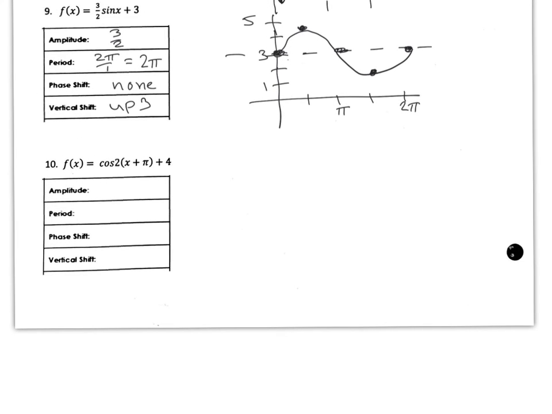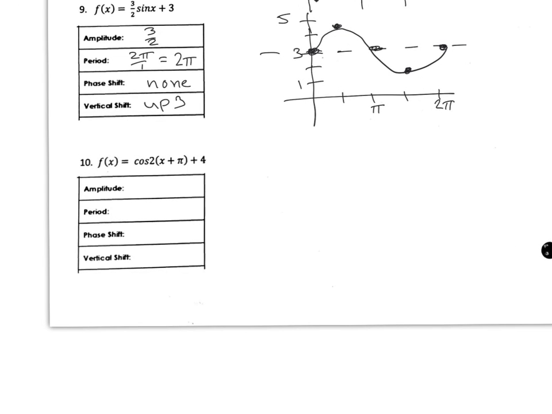All right, last one. Cosine. Amplitude, well, there's a 1 there, right? This is a 1. Period is 2 pi over b, so that's just pi. We're moving this thing left pi, and we're going up 4. Since I'm moving this thing to the left, I'm going to give myself a lot of space to the left.